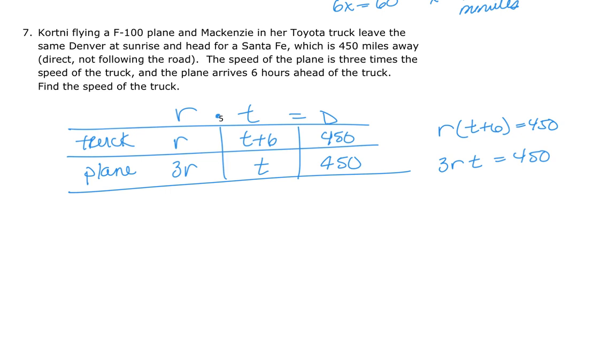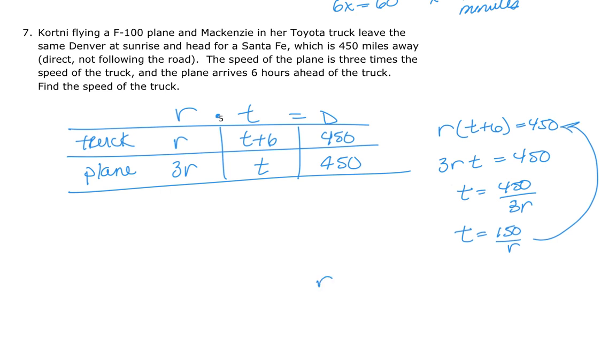Let me see. I want to eliminate one of the variables, so I'm not going to set them equal to each other. What are we asking for? Find the speed of the truck. Okay, so solve for t instead of R, because that way I'll have everything in terms of R. So t is equal to 450 divided by 3R. Let's reduce this: 450 divided by 3 is 150, so 150 divided by R. I'm going to put that into this one.